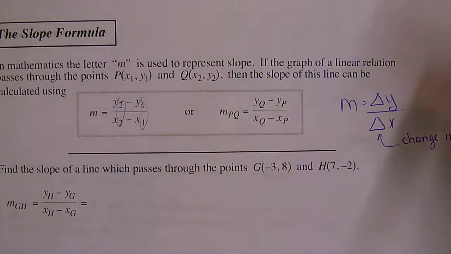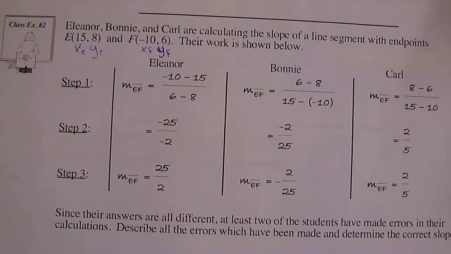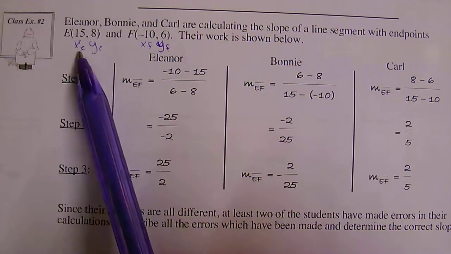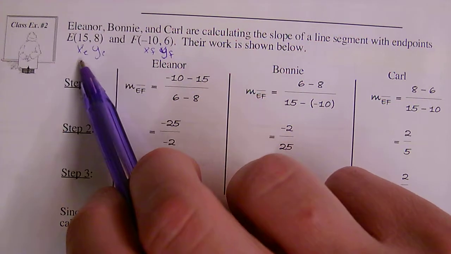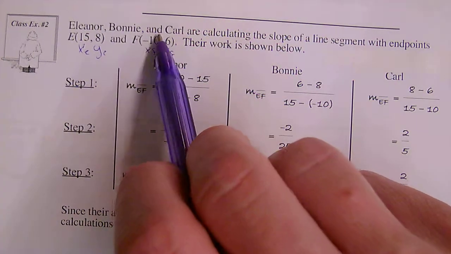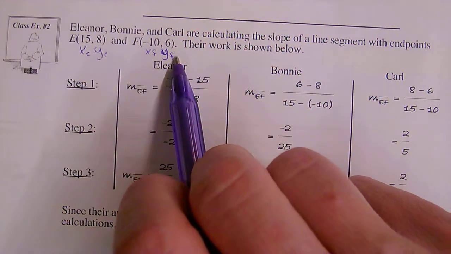So we were working on class example 2. We had defined our 2 coordinate points: 15 and 8 were xe and ye, negative 10 and 6 were xf and yf.